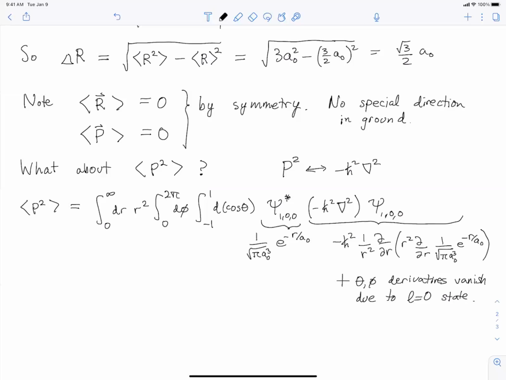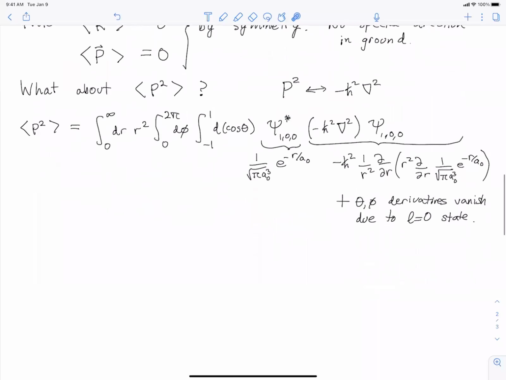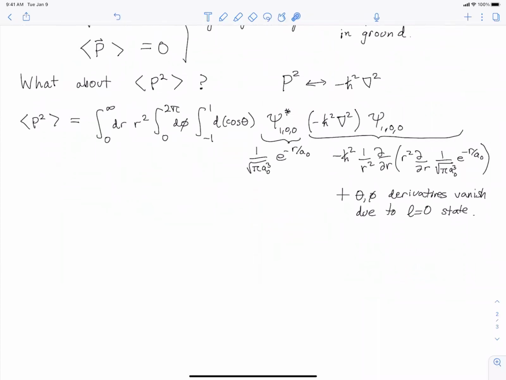Okay, so we have to do two things here. First, we have to take these derivatives, and then once we're done, we need to multiply by this, and then we need to do the integral. All right, so let's go ahead and do that. So first, let's pull out all the constants that are in front here.